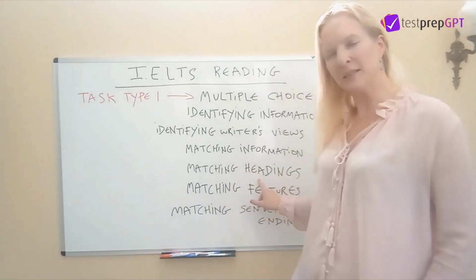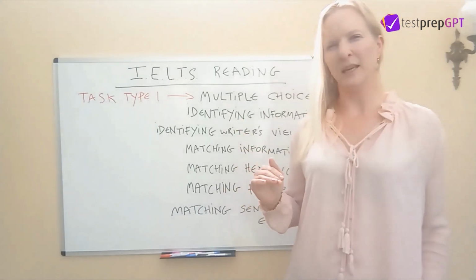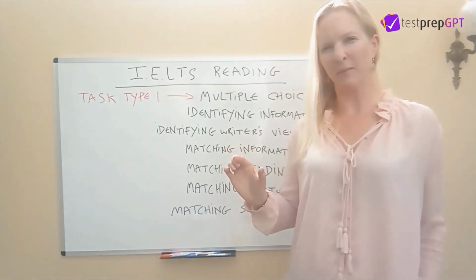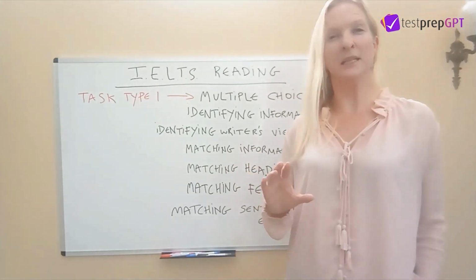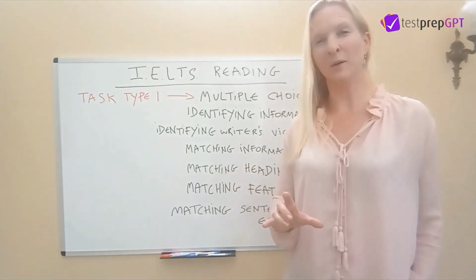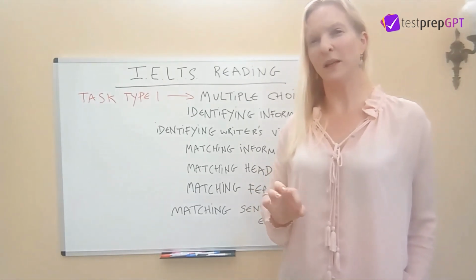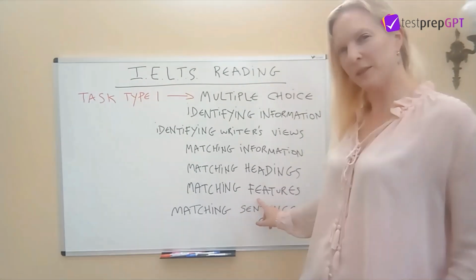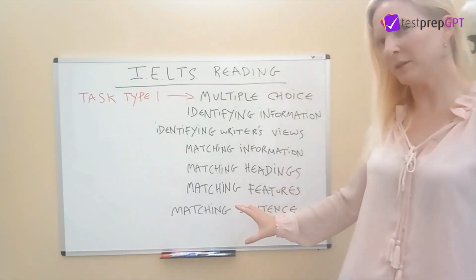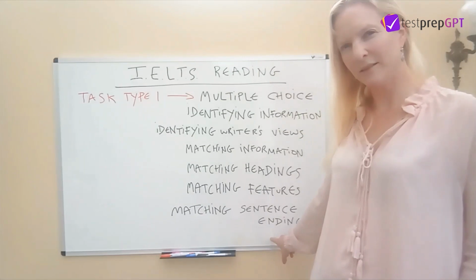Matching headings. So in this question, you get a list of headings and you have to match them with information in the text. And we have an entire video on this topic, so please take a look at that video to develop a technique for matching headings. Matching features, that's another similar type of question, and matching sentence endings.